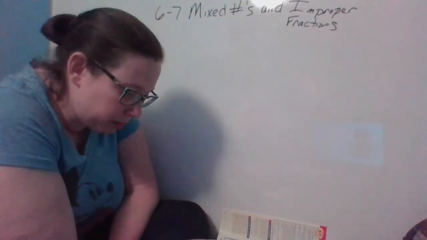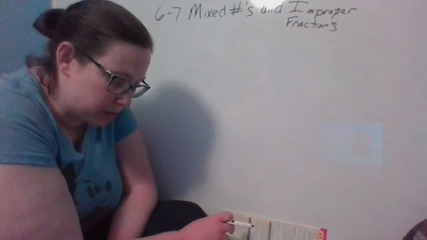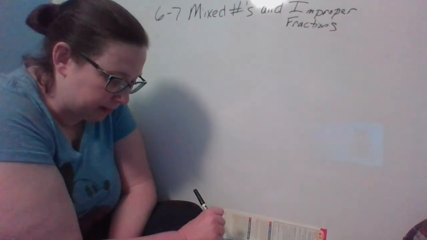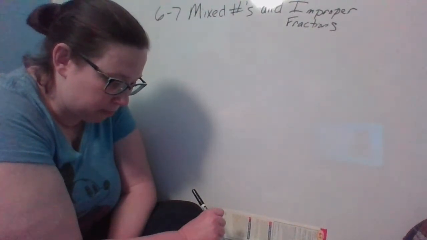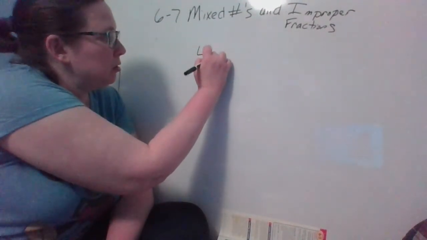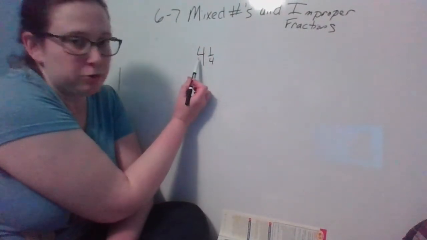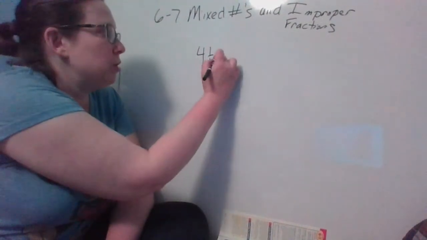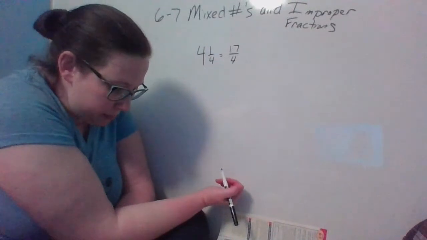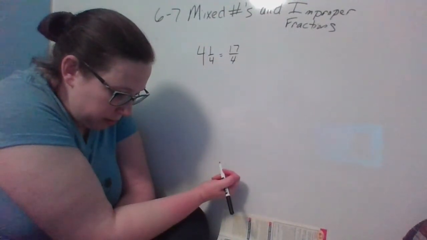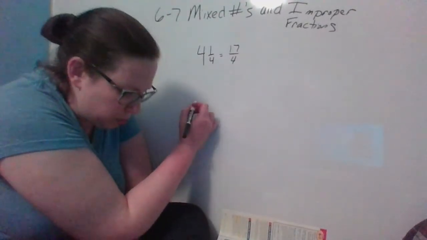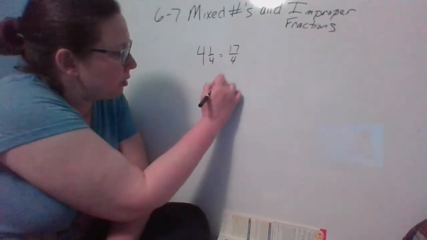So with changing a mixed number to an improper fraction, let's look at 4 1/4. So we're going to multiply 4 times 4 is 16, plus 1 more is 17. Our denominator stays the same. Let's also look at number 22. 22 is 12 1/2.